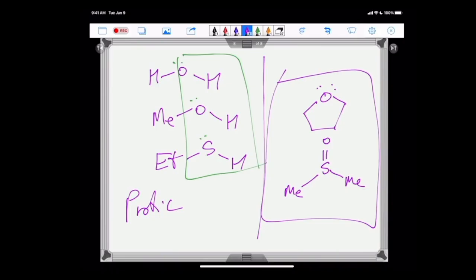But look at this guy here, this ring. Does anybody know what that is? Well, what type of functional group is this top guy here? An oxygen in the middle, carbons on both sides, we call that an ether, right? Systems like this, where you have heteroatoms, but there's no hydrogens attached to them, these are aprotic.